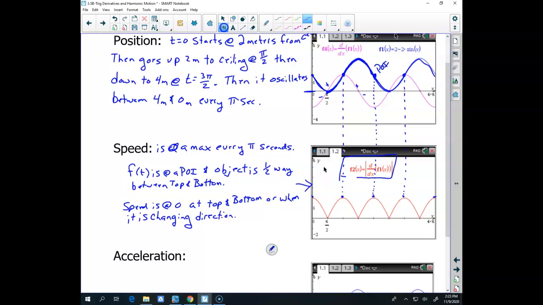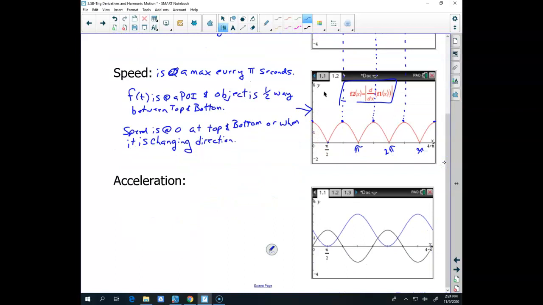And when the speed's 0 here, pi over 2, and when the speed is at pi, and when the speed is at 2 pi, and when I'm at 3 pi, I can see it all in there, right? I can see that's where my object is changing direction. Acceleration is at a max.